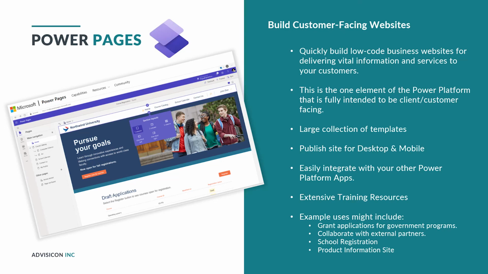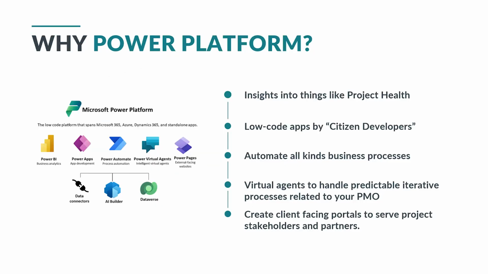Or as you can see in this particular example on the screen, a website that allows you to register for school or explore different class options, or even a product information site to explain your company's or your organization's products and services. Right now, you can obtain a free trial of Power Pages by going to powerpages.microsoft.com.